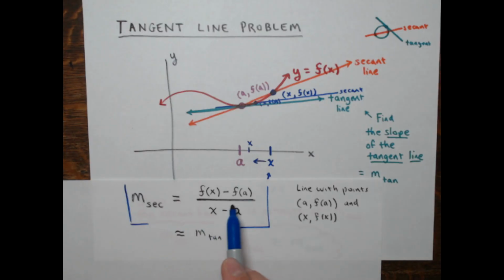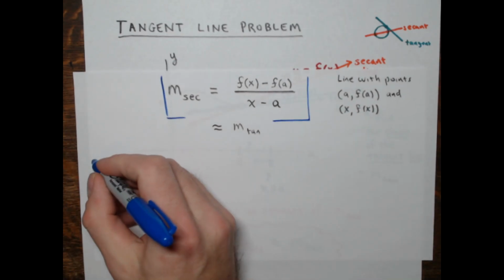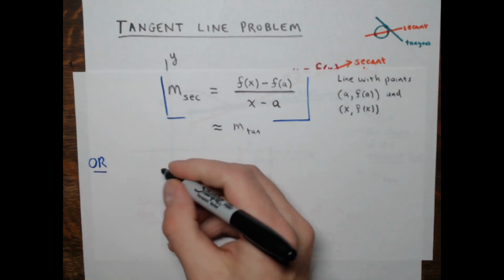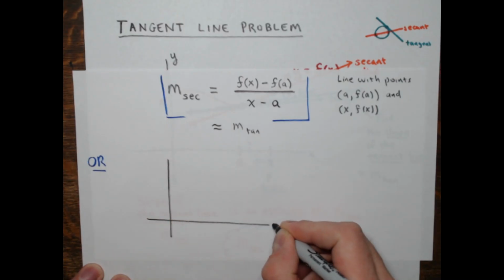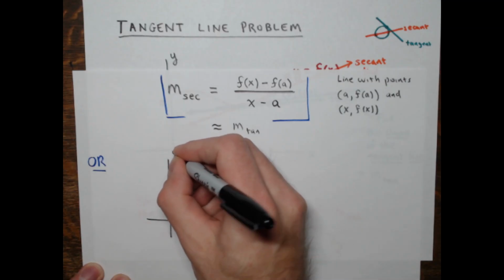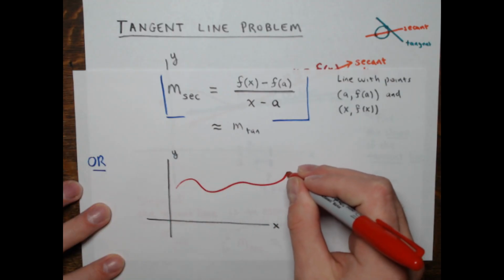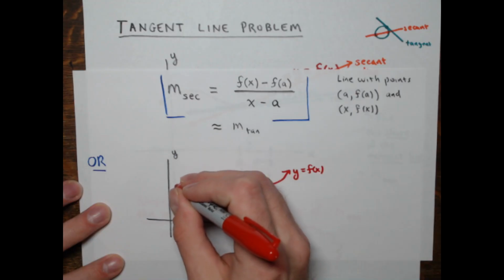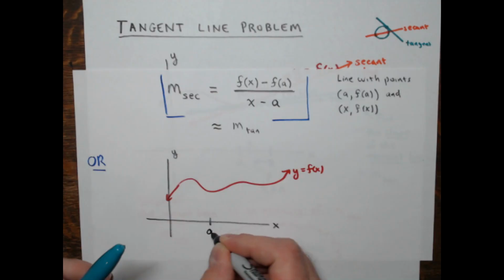Now, another way to express the slope of a secant line, you might see this as well. I'll draw a similar picture to earlier. Again, you've got the graph of some function, y equals f(x). And we're looking at a particular value, called a.